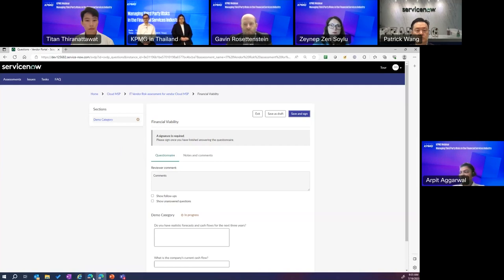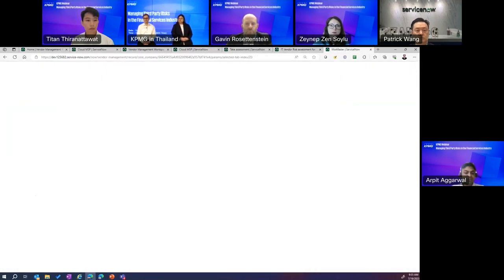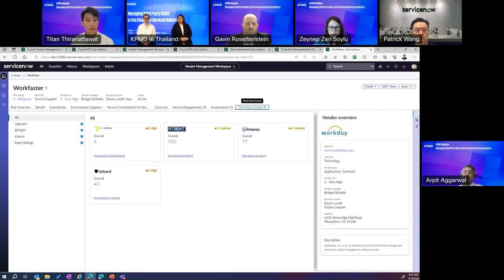And like I mentioned earlier, the vendor risk ratings can be determined not just by the factors of the vendor risk assessments. We can also integrate it with other third-party scores like UpGuard, BitSight, Interos, or Rapid Ratings, which will help us get the risk scores and further update the risk rating of the vendors.